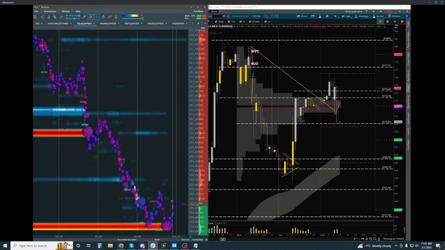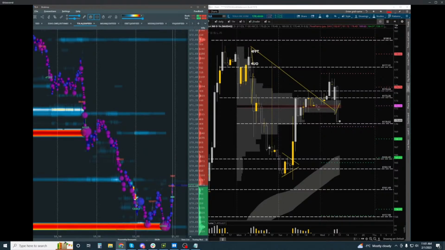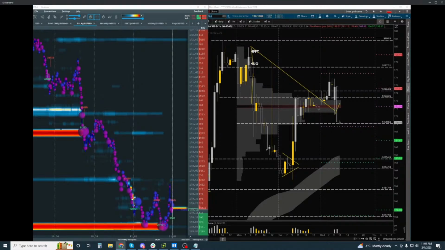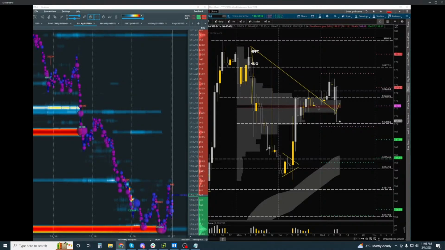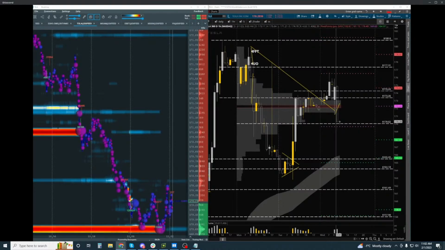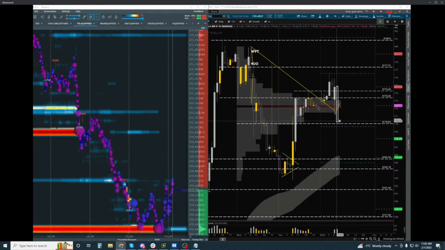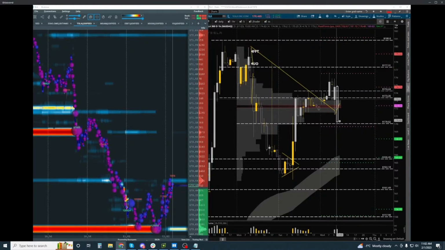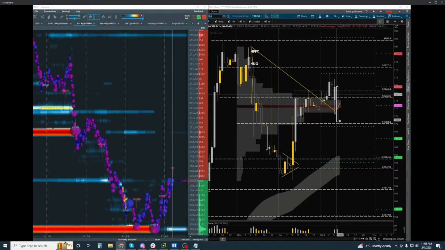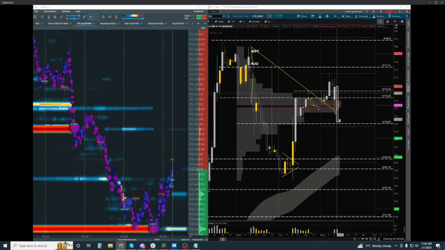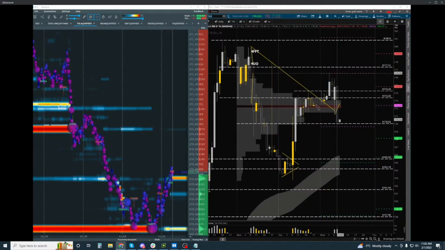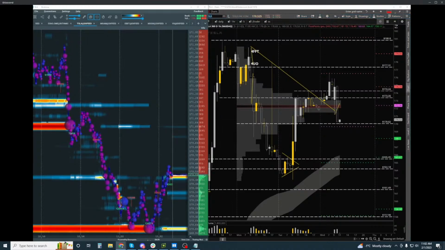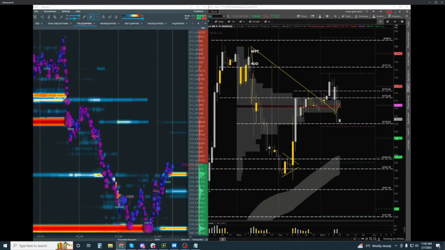Reason for me to stay short on this and hold until I don't have a reversal pattern to get out of the position. Bounce 170.50.